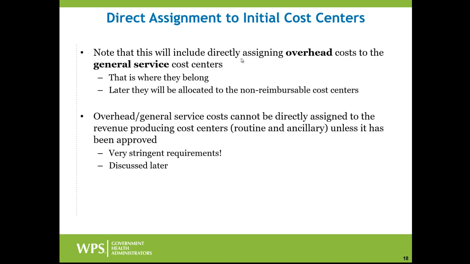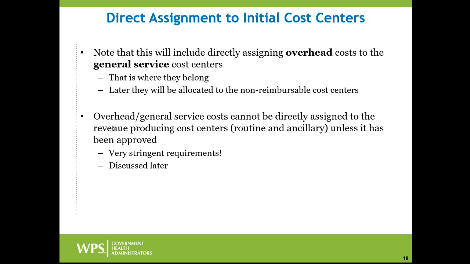Now, the direct assignment that we're talking about, again, we're assigning overhead. We're grouping overhead, but generally this should be to a general service cost center. General service costs should go to general service cost centers, unless an exception has been approved. That's where they belong. Later, they're going to be allocated to non-reimbursable cost centers and revenue-producing cost centers.